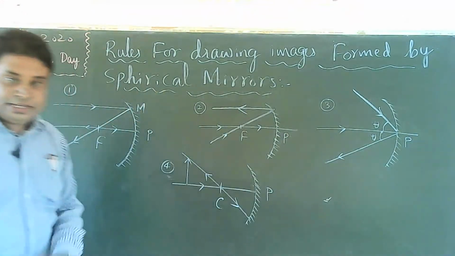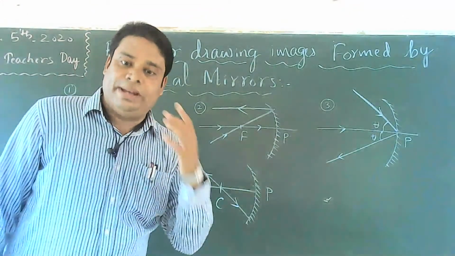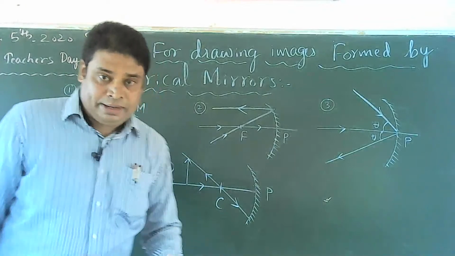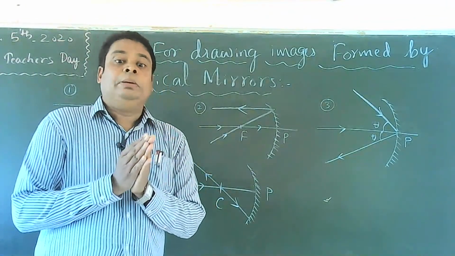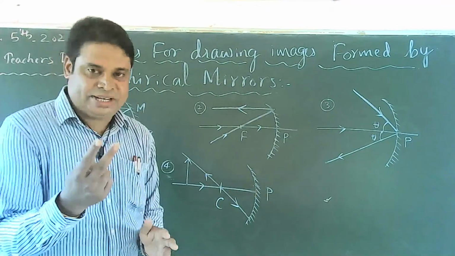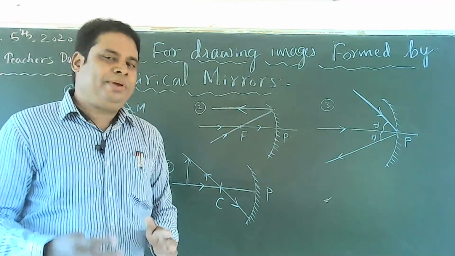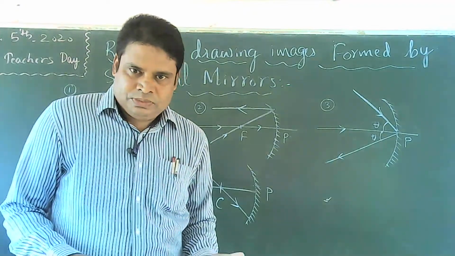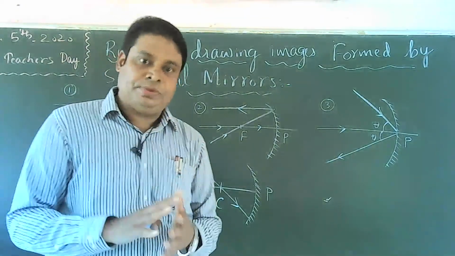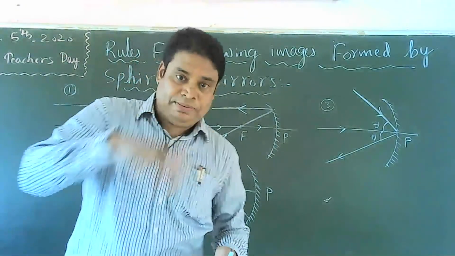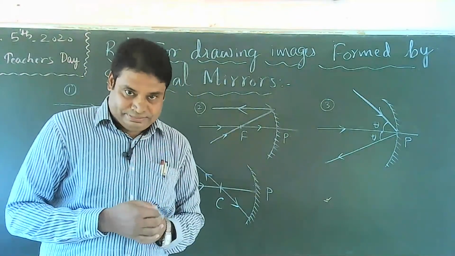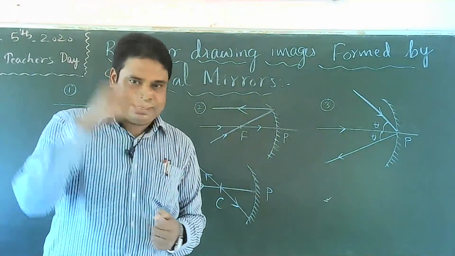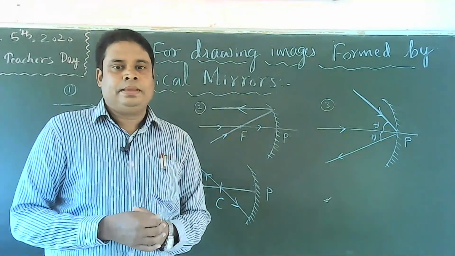These are four major rays to be considered while constructing an image. Remember, to construct an image, we require a minimum of 2 rays. How many rays are needed? 2 rays are needed. We can use 3 rays also. In the next derivation, we use 3 rays to simplify, to get some similar angles, triangles. We will discuss that there.